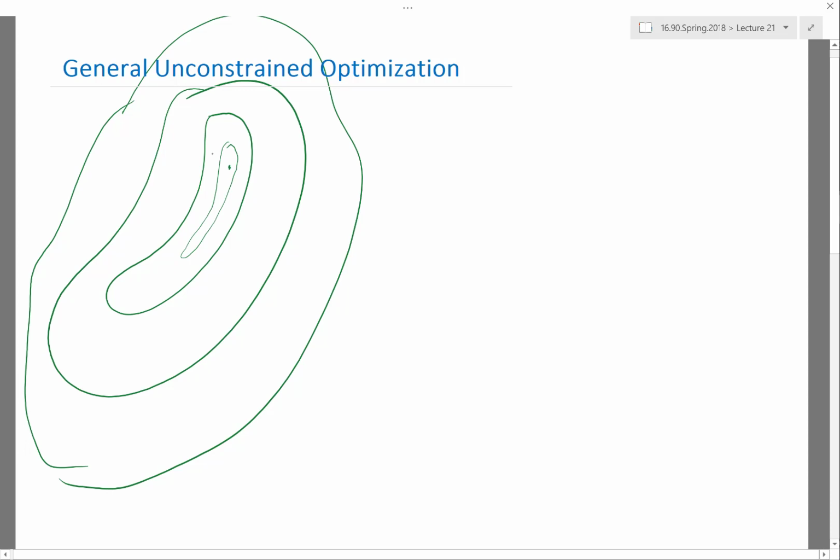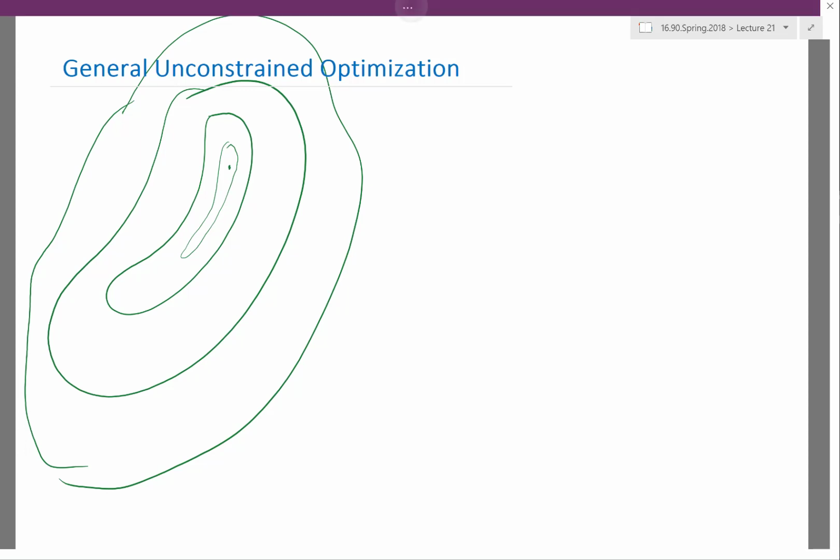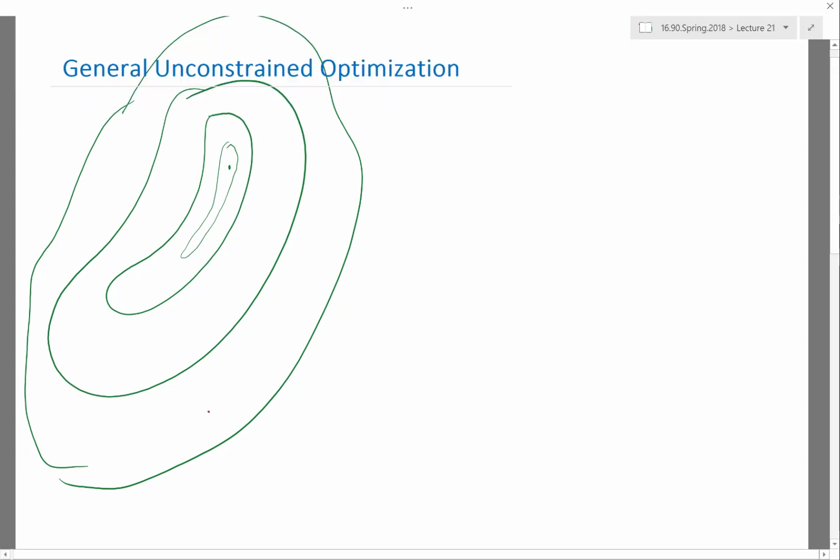Cool. Then, because we don't know where the optimum is in the beginning, we choose an initial design. So let's say this is our initial design. On this initial design, we can compute the objective function, right? So that's our x0. We can compute J(x0).